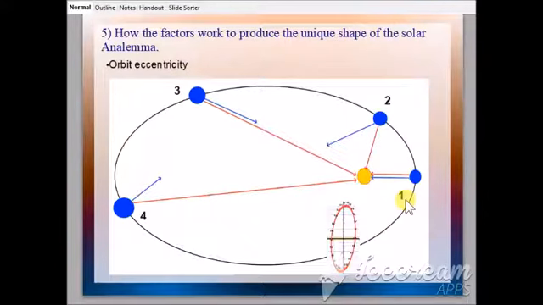So from position 1 here, let's say you're in London, you're facing the sun, so that's good. Now say after 20 days, the direction you're facing is not the same. It shifted 20 degrees to the left, but the Earth in this area is so close to the sun, so it goes faster.